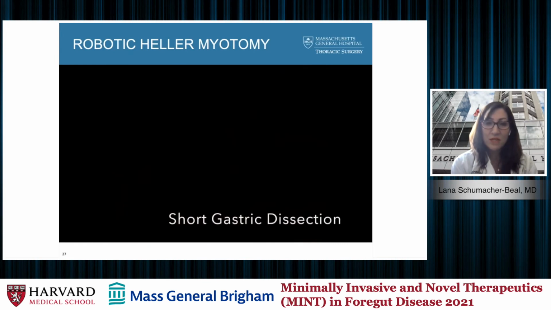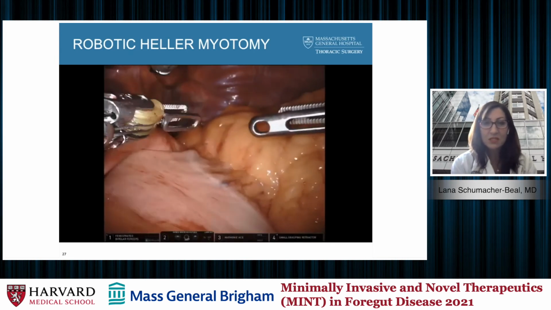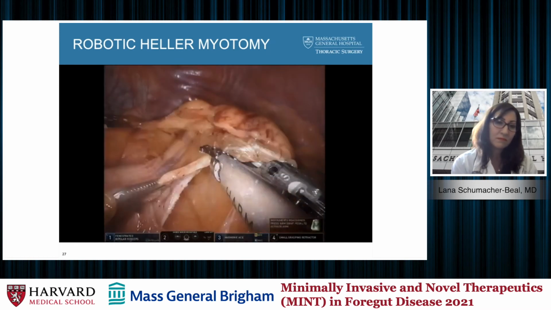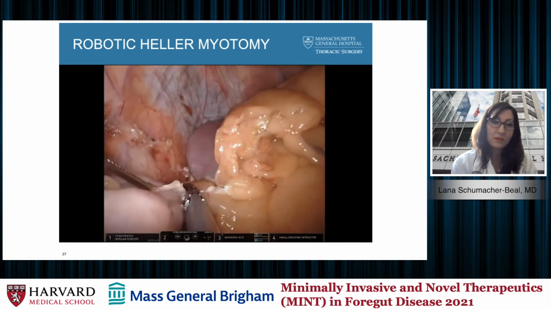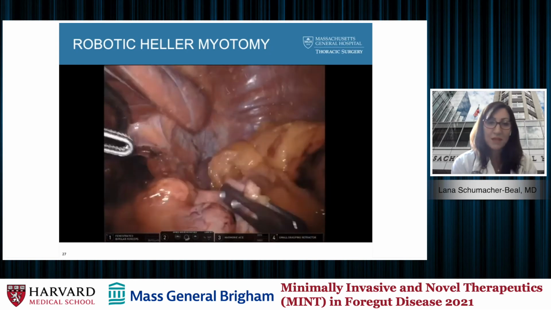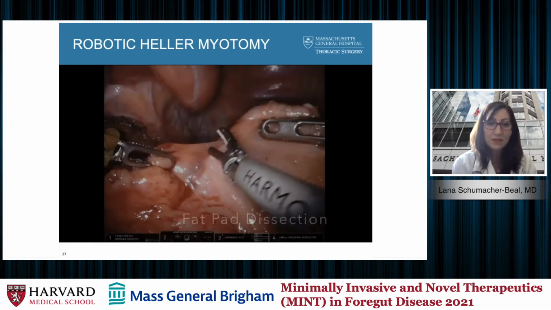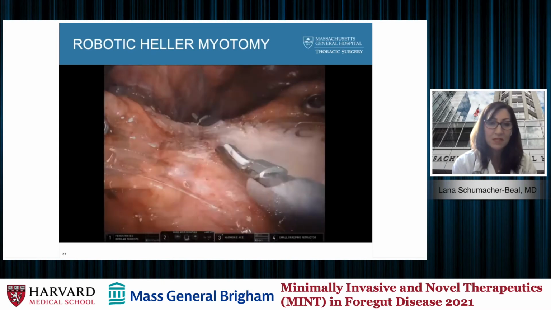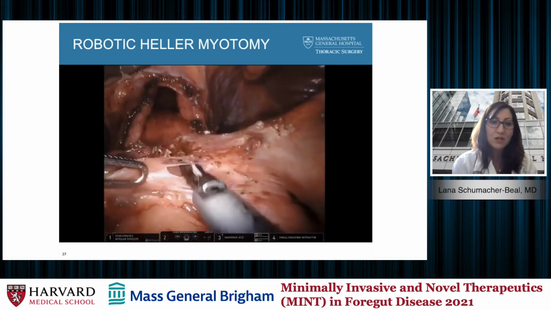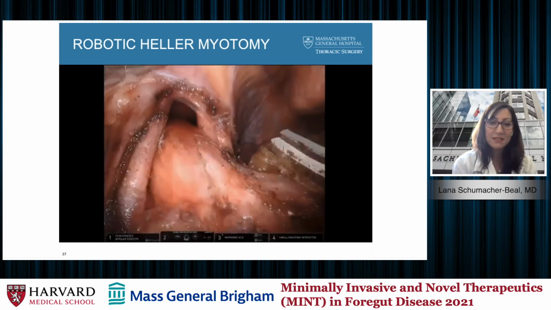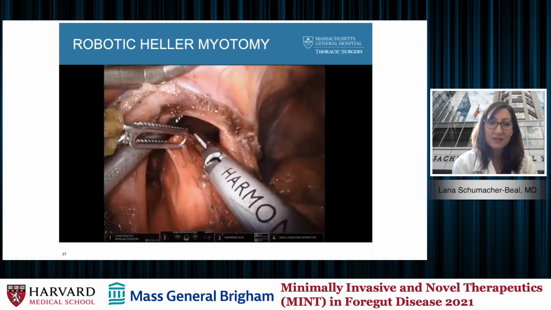We'll divide the short gastrics to prepare for the fundoplication at the end of this case. And then check that we have enough mobilization. And then I think importantly is to dissect off the fat pad. This allows us to really see the gastroesophageal junction to create that myotomy on the stomach. We want to mobilize the vagus so we can work around this.